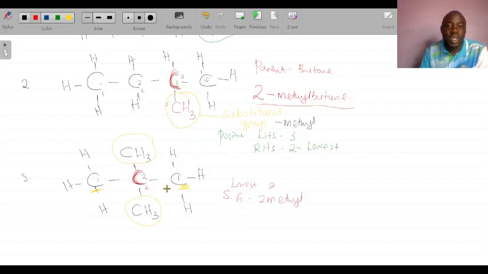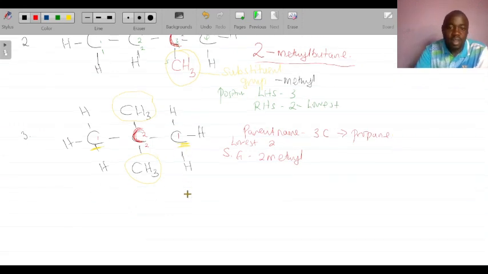So with that, we can go ahead and give a name. And of course, we have our parent name. I forgot to mention that. In this case, our parent name has 3 carbons. That makes it to be a propane. So we can go ahead and now name our compound. And because the substituent groups are two, and they are the same, then you are going to use some prefixes.